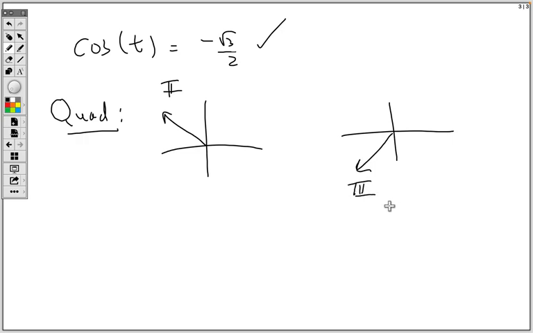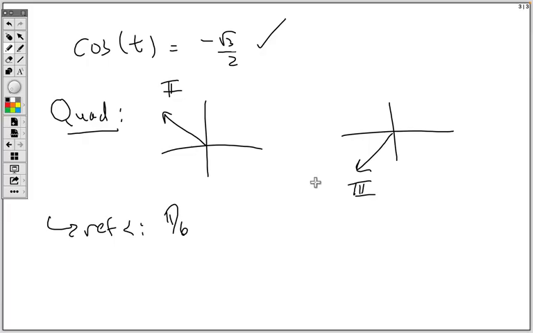The next thing I ask is, do I know the reference angle? Is this a reference angle I know? And the answer is yes. I know a reference angle whose cosine is square root 3 over 2. That's pi over 6. If I didn't know one, then I can use those inverse functions, the arc functions that we talked about in the last section.